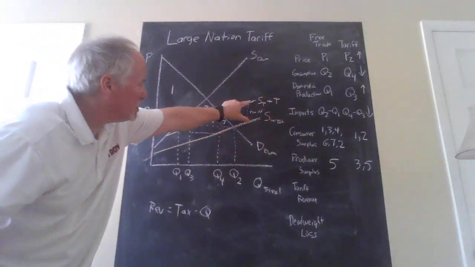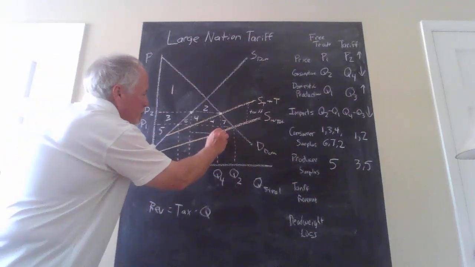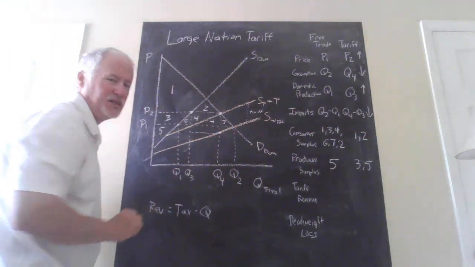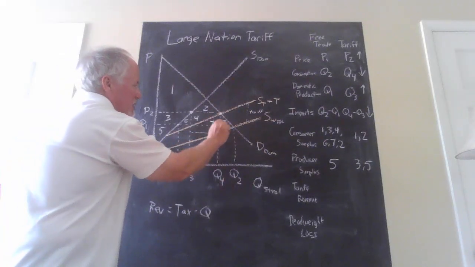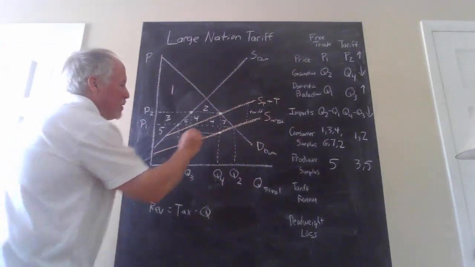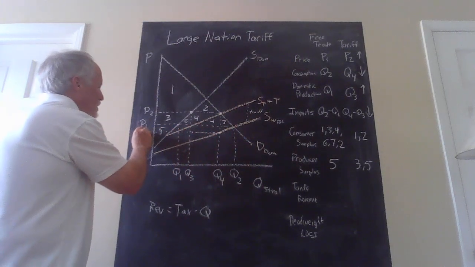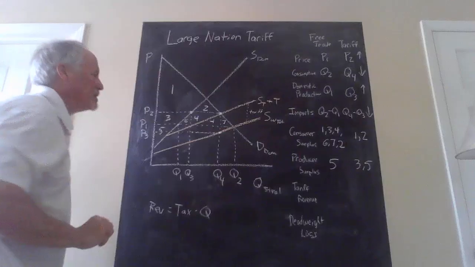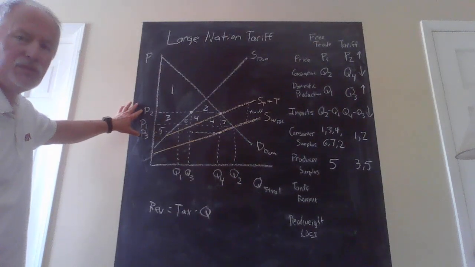We said it's the vertical distance between these two curves. We'd have to come down to the supply world here at Q4. The vertical distance between the curves is that amount. So we'd have to project this over here. I don't want to disrupt that, but here's P3. The full amount of the tariff would be P2 minus P3.